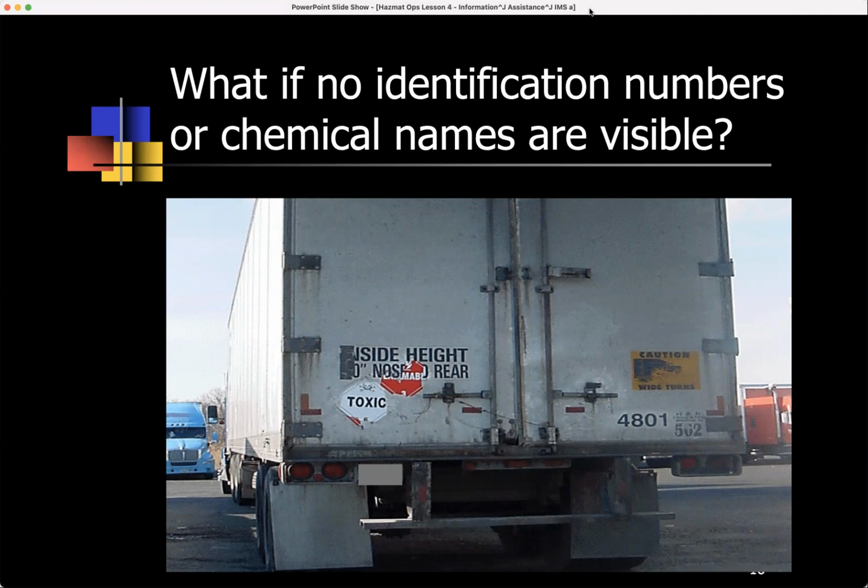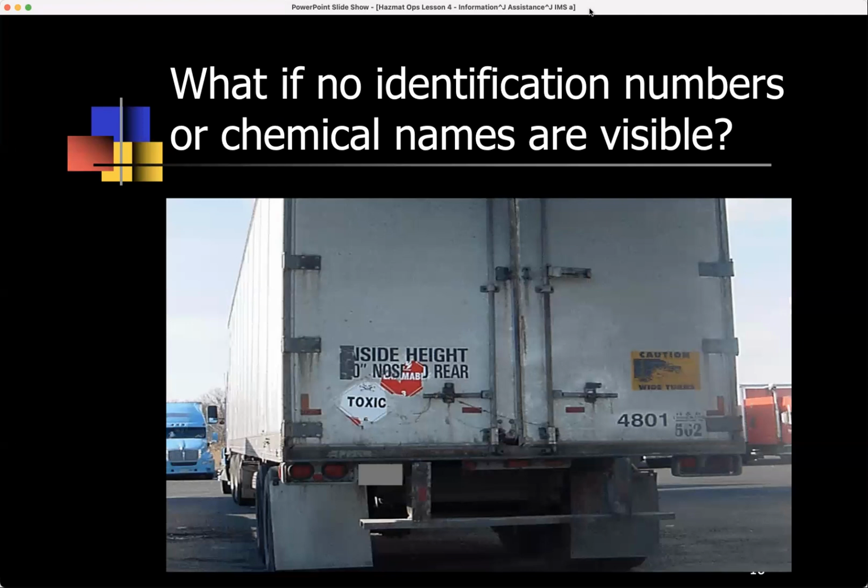For example, here we have 2 damaged sticker type placards, not legit placards, but we'll go with it. What do we know? Remember, there's 4 pieces of information that are on a placard. There's the color, the symbol, usually the UN ID number, or in this case, words, hazard words, and the hazard class.